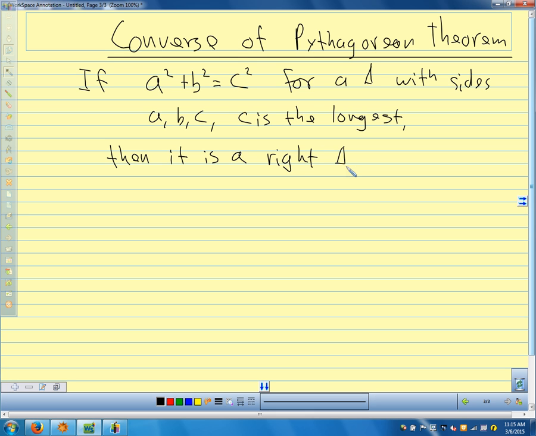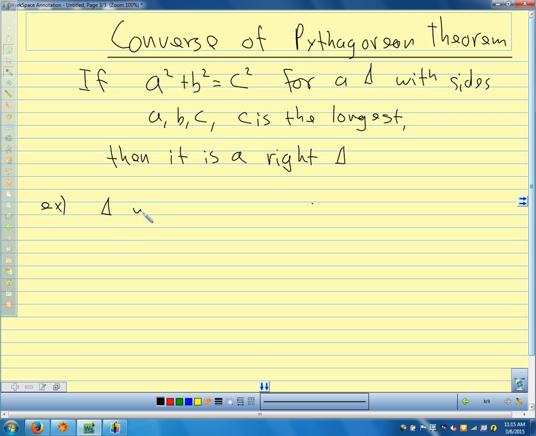So the converse tells us if we know the sides of a triangle and we know those sides work in the Pythagorean theorem, then we know the triangle is a right triangle. That gives us a way, if we have the side lengths, to figure out whether or not we have a right triangle. That's what the converse of the Pythagorean theorem lets us do.